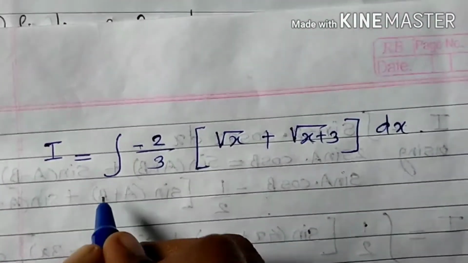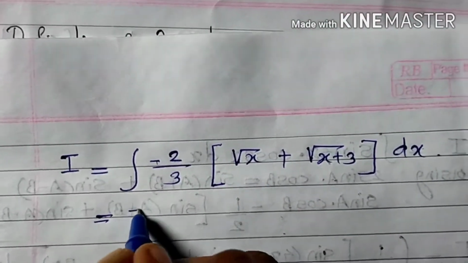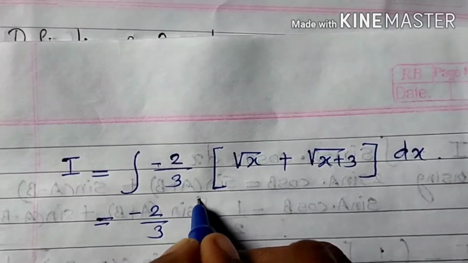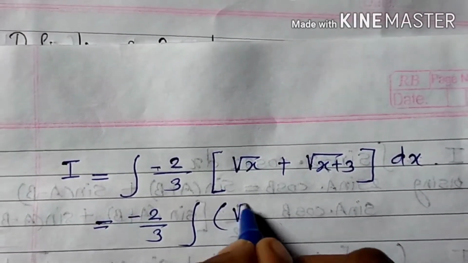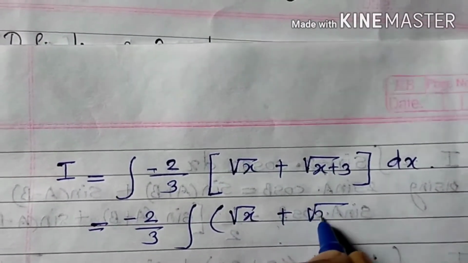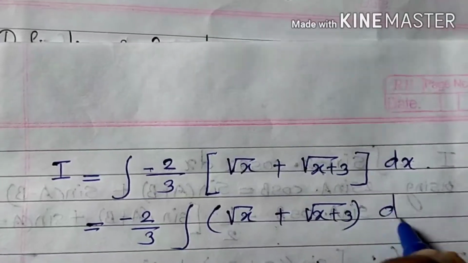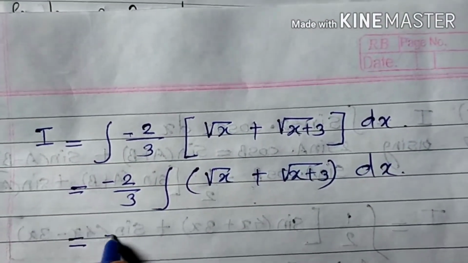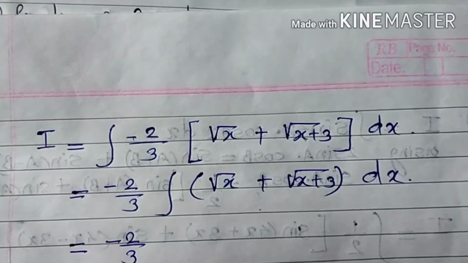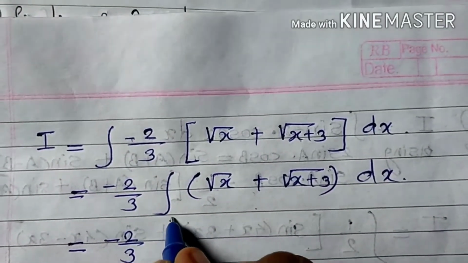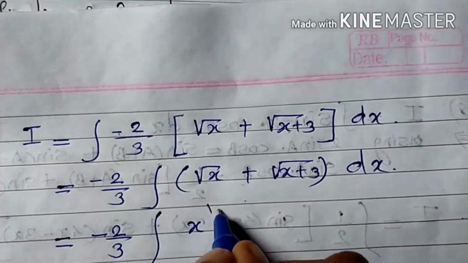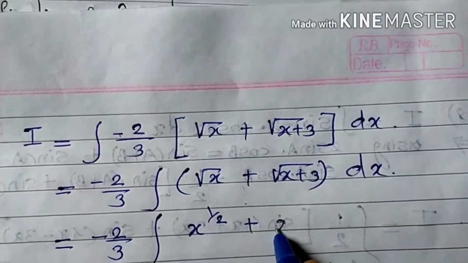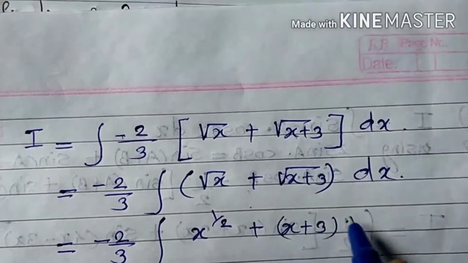So minus 2 upon 3 is a constant, take it outside of the integration. Minus 2 upon 3 integration of under root of x plus under root of x plus 3 into dx. There is no formula for root x, so here we can write root x like that: x raised to 1 by 2 plus (x plus 3) raised to 1 by 2.